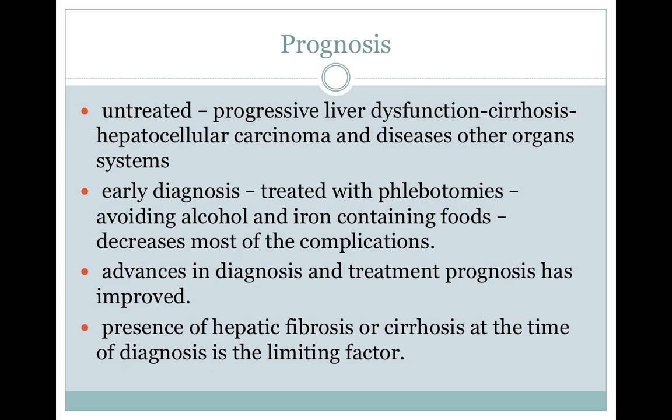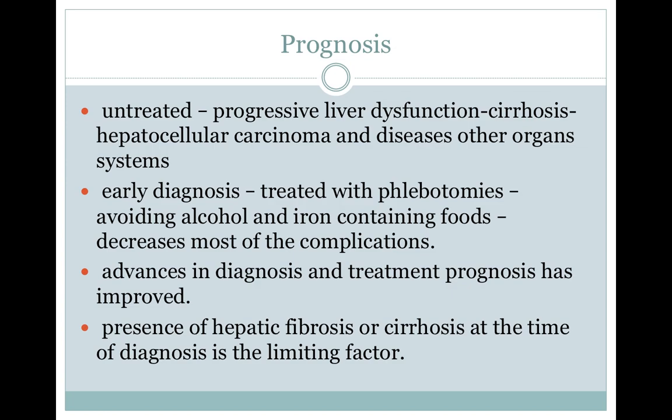Coming to a note on prognosis. When the patient is untreated, there is progressive liver dysfunction going into cirrhosis, ultimately hepatocellular carcinoma, and disease in other organ systems. Early diagnosis treated with phlebotomies, avoiding alcohol and iron-containing foods decreases most of the complications in hereditary hemochromatosis.